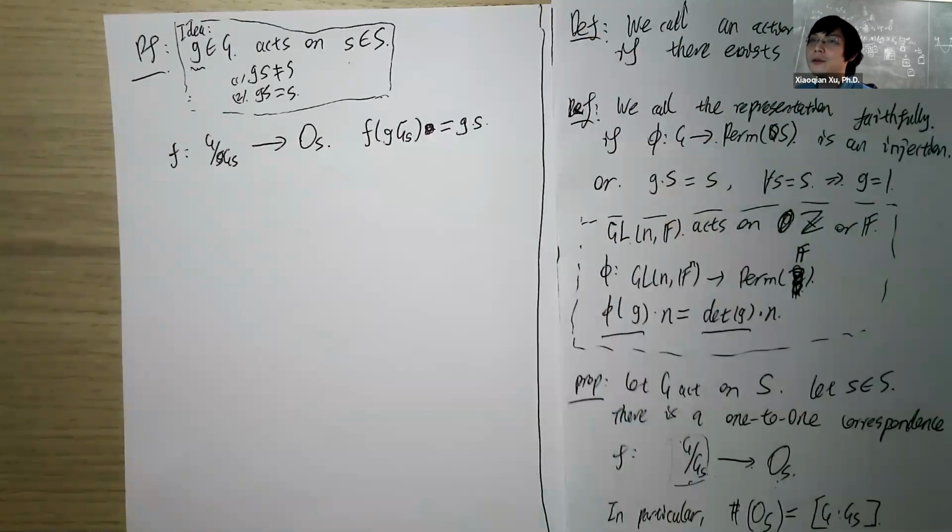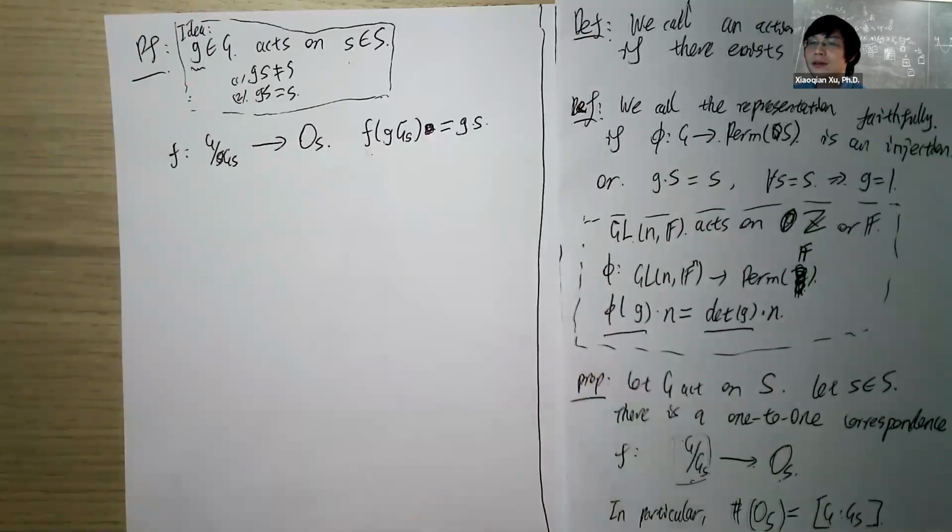Then we have to say this F is first well-defined, and second is one-to-one, third is onto. Then we are done.